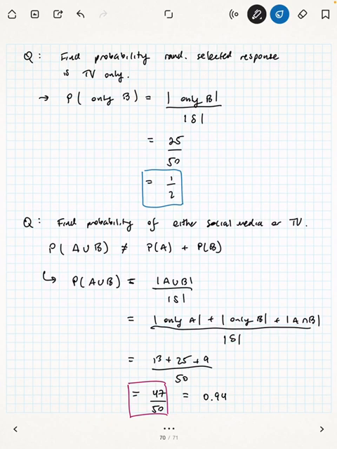So the proportion of elements in the union of A and B divided by the number of total elements. And we can just take our 3 pieces that we were working with in the partition: only A, only B, and A intersect B. So that gives us 13, 25, 9 over 50. Add that all together, we get 47 over 50, or 0.9.